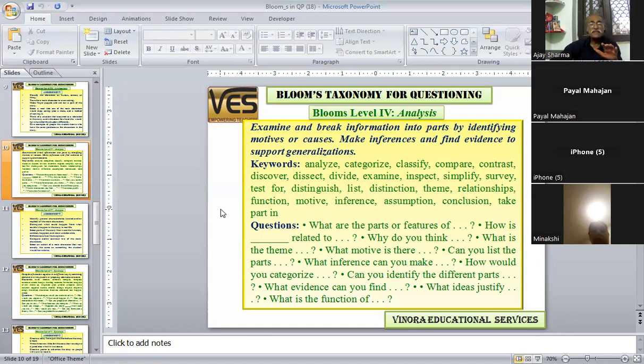How would you categorize the given foods? Make a list of 5, 10, 20 food items. Regular meal, junk meal, oily, oven, a number of clues you can give, and then on the basis of that classify them. That is analysis. How do you categorize them?